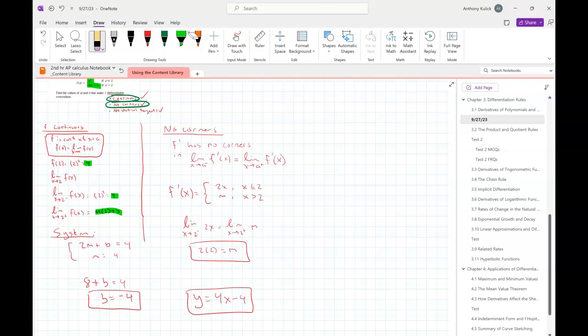So you just need to check that at each of the gaps you have continuity, which is easy. All I did was plug numbers into the left side and the right side to make sure they matched. And then I need to check for the corners, which again is easy. All I did is take the derivative, plug in the left and right side and make sure they match. That's all I'm really doing.